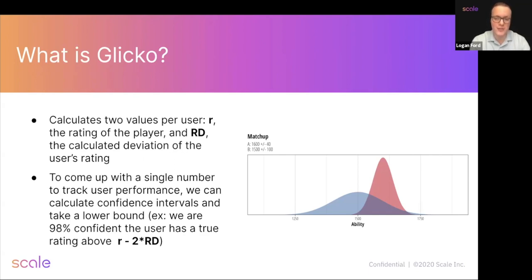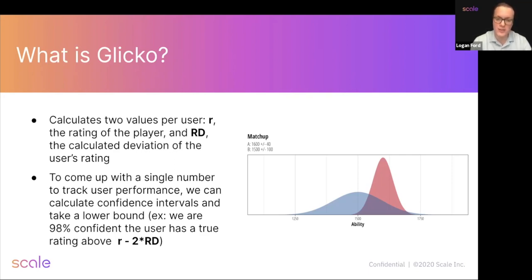So the possible values realistically that they could range from go from 1250 to 1750, compared to our player A, which has a rating of 1600 and a deviation of 40. So we're much more confident of the range that their skill falls in. And this is mostly a function of how many games they've played, since once we have more data, we're able to become more confident of their true rating.